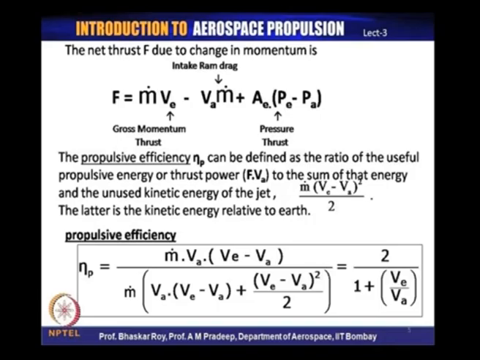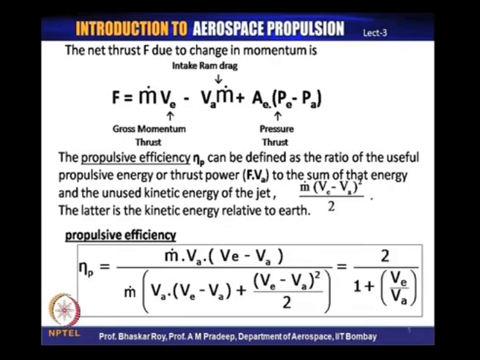Now, that is obviously not a very desirable thing to happen, and as a result it is necessary that the engine design, specifically the nozzle design, is made such that under all operating conditions, the pressure thrust that is produced is either positive or 0, but never negative. Quite often the engine designers try to keep a small margin, and as a result you always get a small pressure thrust, but never a negative pressure thrust.